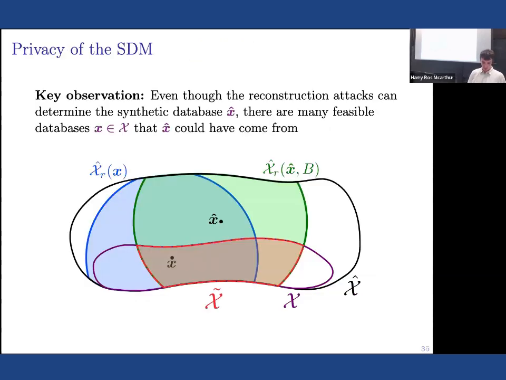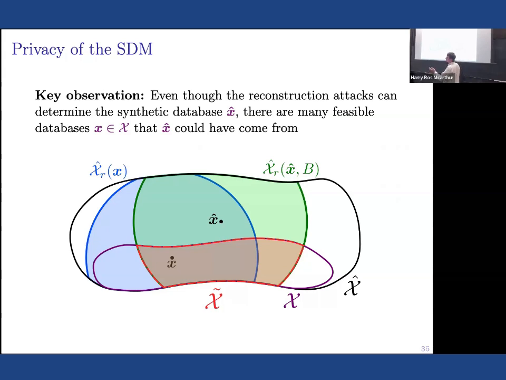So one of the observations that we have is that even if the attacker can figure out what the synthetic database is, that's the perturbed one, there are still many possible databases that synthetic one could have come from. If this is our true database here, X, say we output this one over here inside the blue region, it lives in the space of feasible synthetic databases.